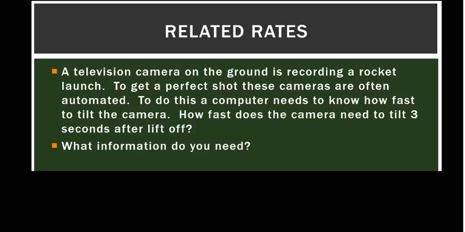So again, if you could pause this and take a look at this one, try to draw a picture of this. I'm definitely not giving you as much information as you need, but I'm hoping you can pick out what he's got to tell us. It's a good scenario where you can draw a picture and then label all the variables.